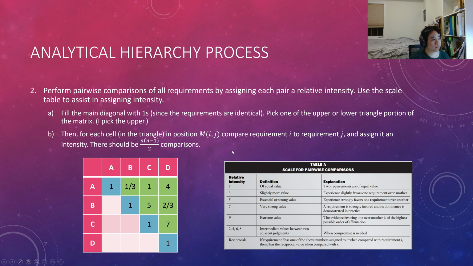For example, if I compare A to B, requirement A is not as important as B, because B has an intensity of 3, for example. A is 1, B is 3, so it's 1 over 3. You can take a look at the lecture notes if you want to practice this process a little.